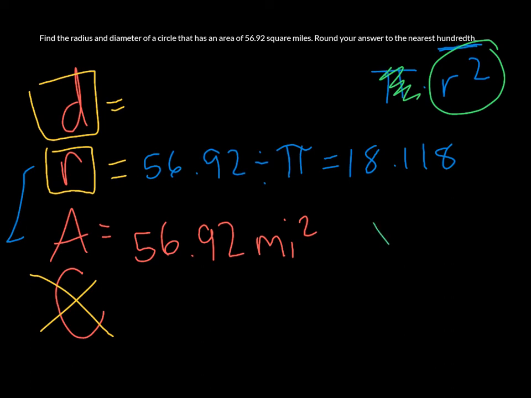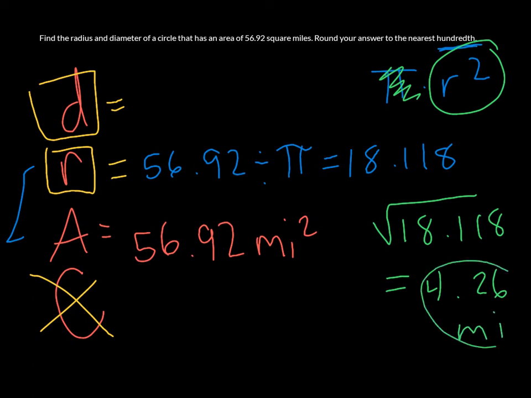So I'm going to find the square root button on my calculator, and I'm going to take the square root of 18.118, which is 4.256. So I'm going to round that to 4.26 miles.